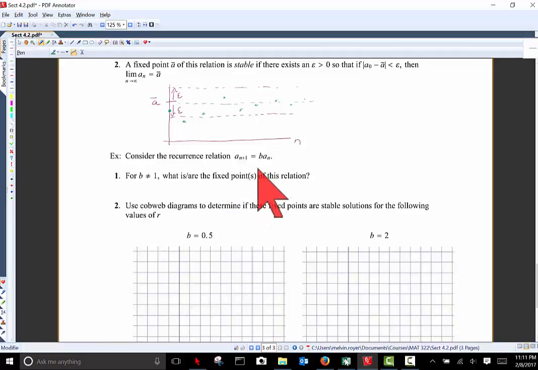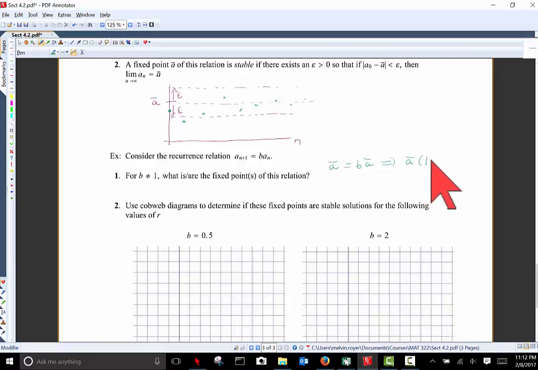So first of all, what are the fixed points of this relation? I know I'm supposed to look at a bar equals b a bar. You might think of dividing out a bar. Don't do that. When you divide by variables, you can lose solutions. Let's instead get one side equal to 0. So I'll subtract b a bar from both sides and factor out the a bar.